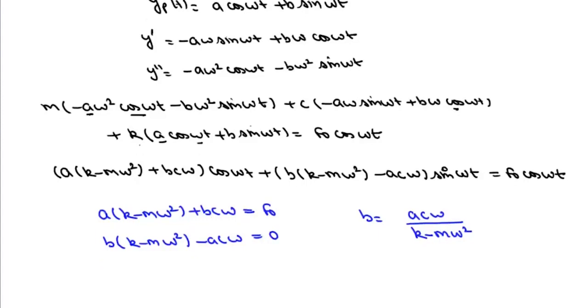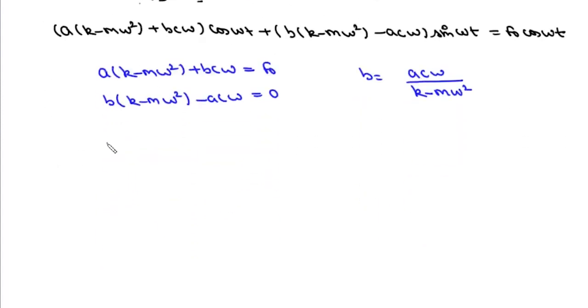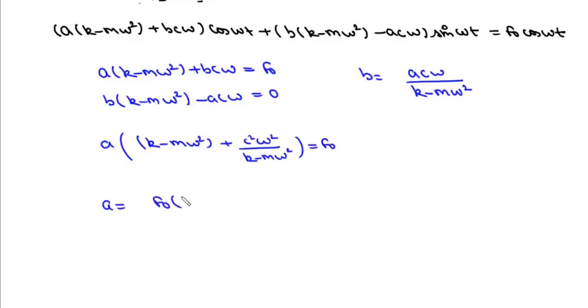Then it will be a, we'll take common, and it is k minus m omega square plus c square omega square upon k minus m omega square, and it will be equal to F naught. So basically this a will be F naught into k minus m omega square upon k minus m omega square whole square plus c square omega square.